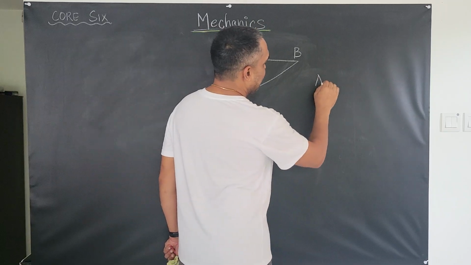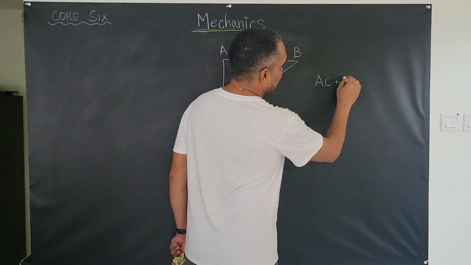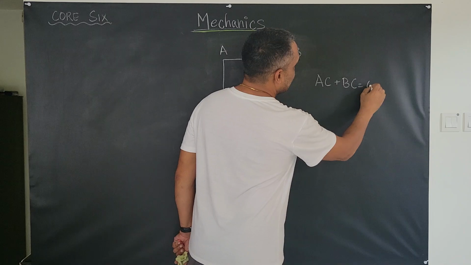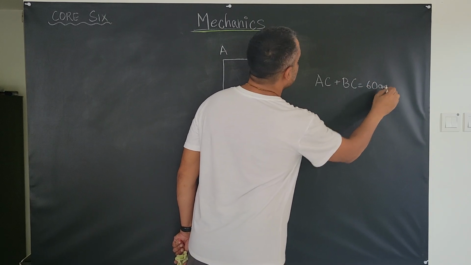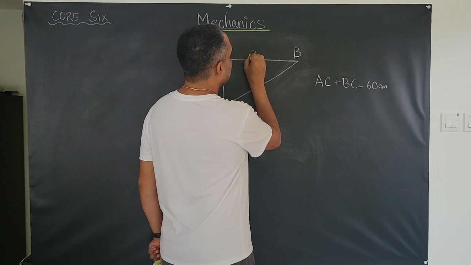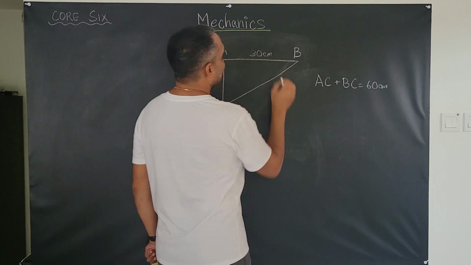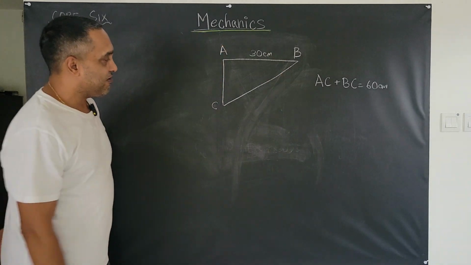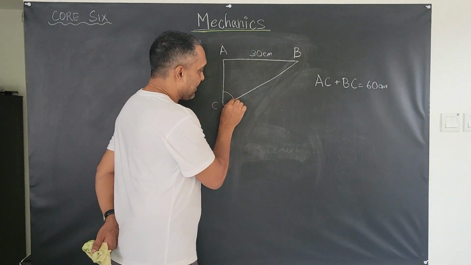I know that AC plus BC, as was the case, is 60 centimeters. And I know AB is 30 centimeters, right? I can now calculate what this angle is.